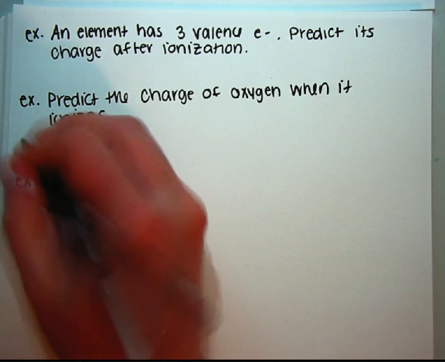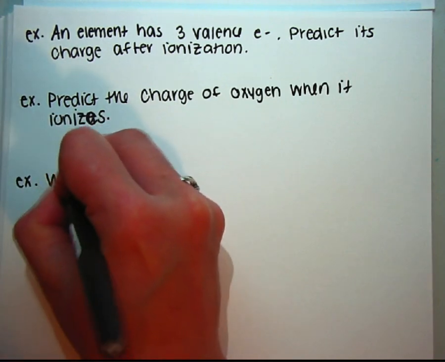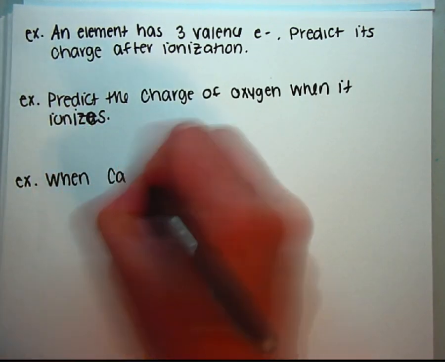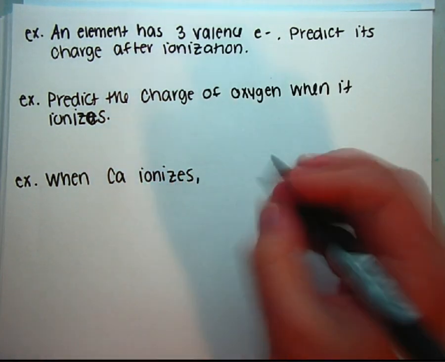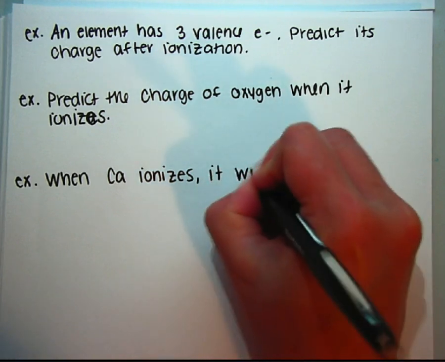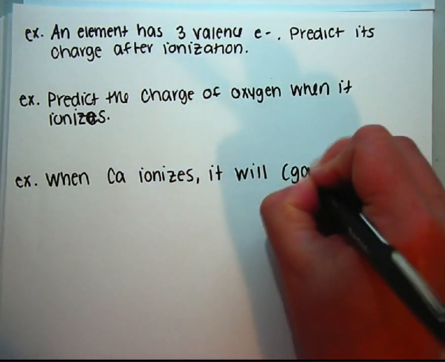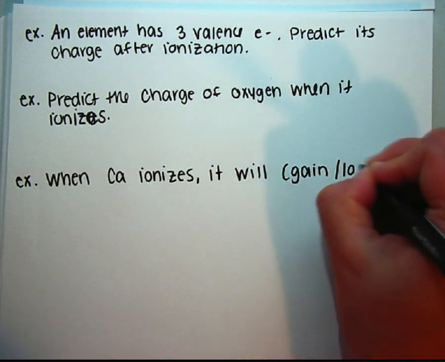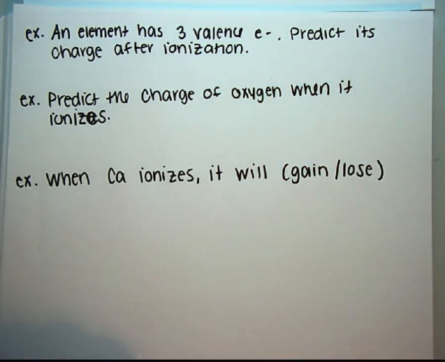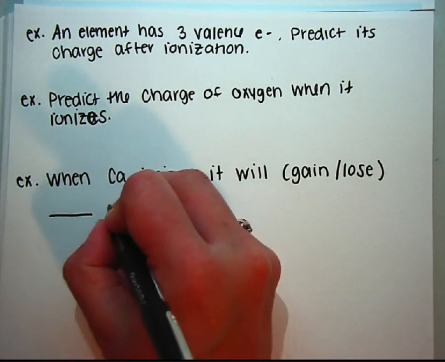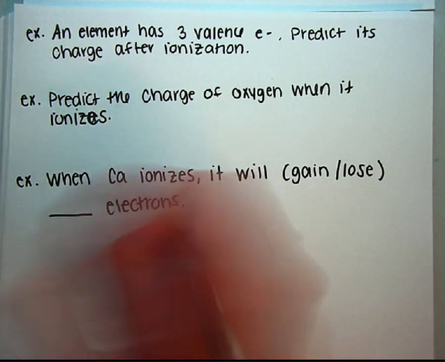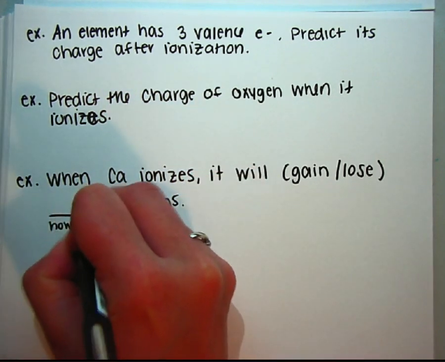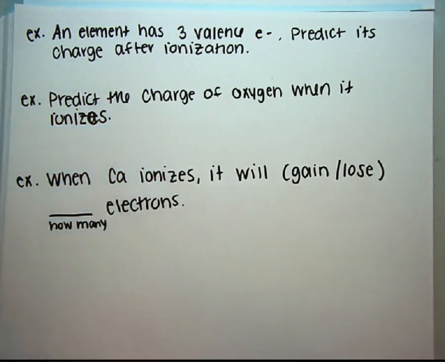Number 3. When calcium ionizes, it will gain or lose blank electrons. So you're going to tell me how many electrons calcium will either gain or lose.